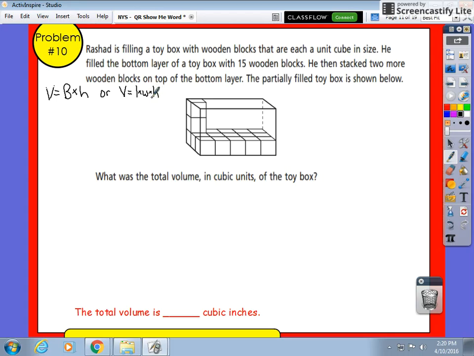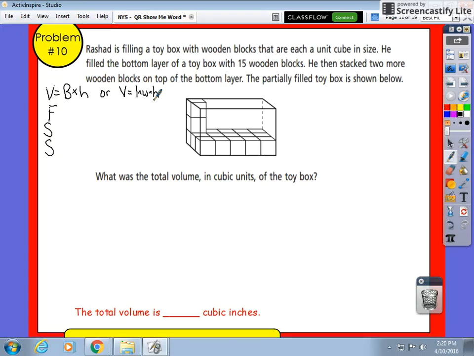Whenever we're using a formula, we want to follow the steps of copying the formula down, substituting our values in, and solving. And thinking about that substitution can sometimes help us to decide which formula we want to use. Do we want to use the area of the base times height, or volume equals length times width times height?